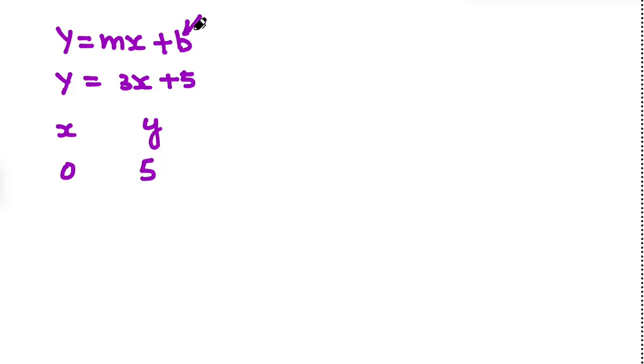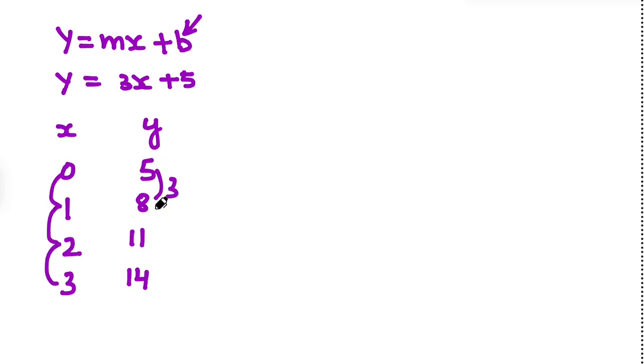So here b is the initial value. For x as 1, let's plug in 1 here. 3 ones are 3 plus 5, 8. When x is 2, 3 twos are 6 plus 5, 11. When x is 3, 3 threes are 9 plus 5, 14. That means when x is increasing by 1, y is increasing by 3.